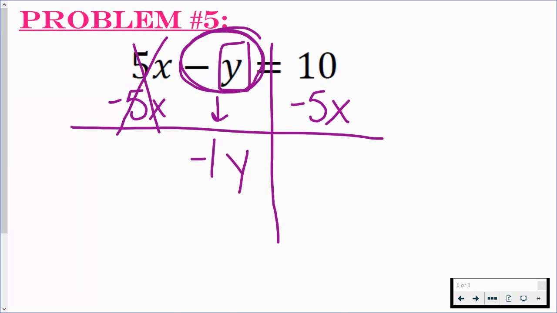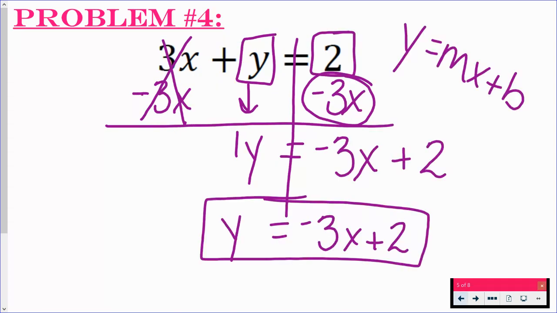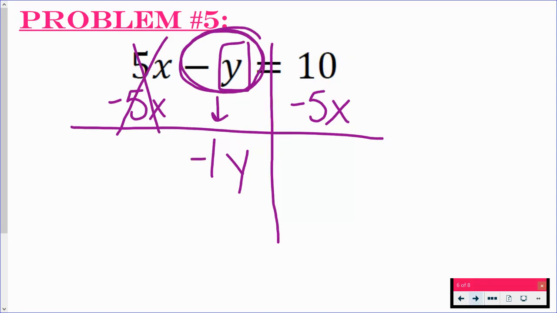If you notice the last example, it was a plus sign. So it was okay for me to just bring down a y because it was a positive y. But if you have that negative in front, remember I always say whatever sign's in front of the number stays with the number. Now I'm going to bring my x term first.